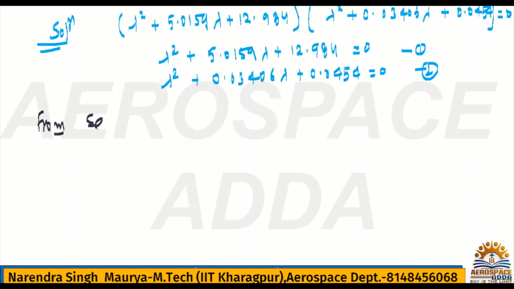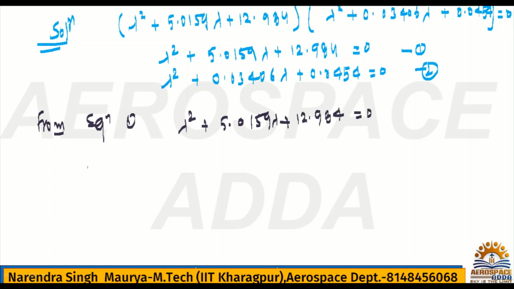Equation 1 is a quadratic equation: lambda square plus 5.0159 lambda plus 12.984 equal to 0.